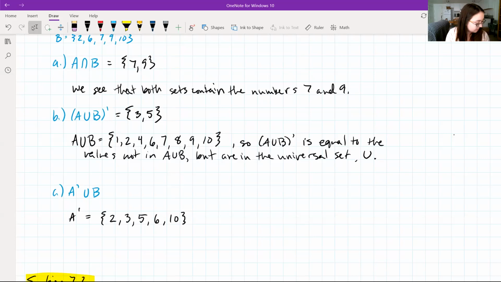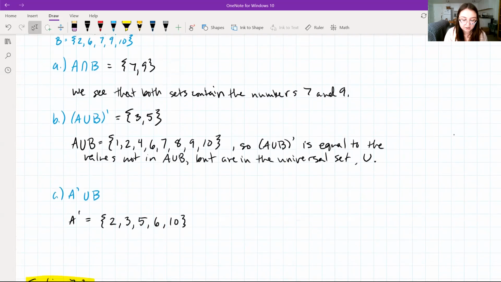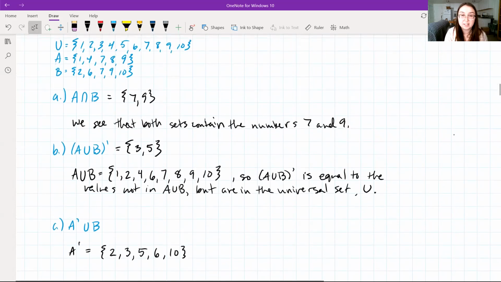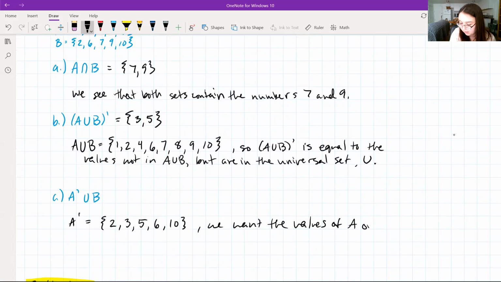So all we need to do is look at the values that A complement has and B has, and the values that they share. So we say we want the values of A or B or both.